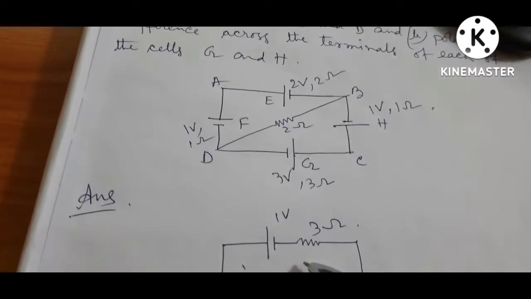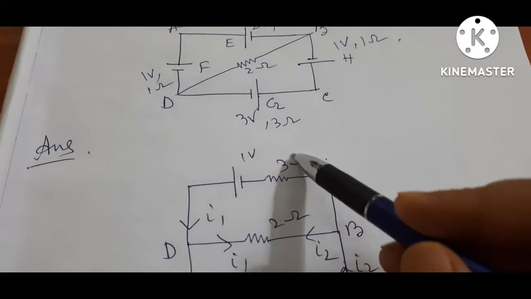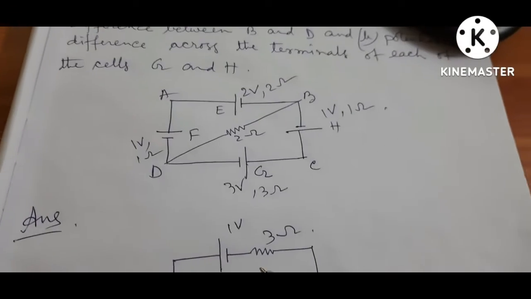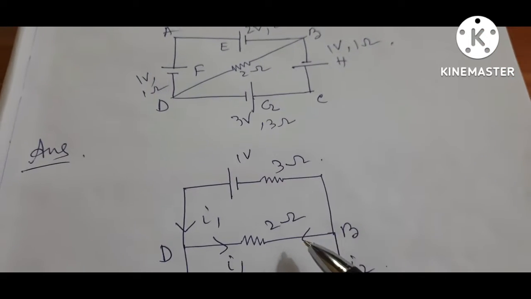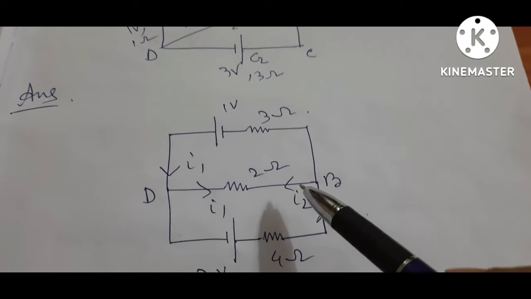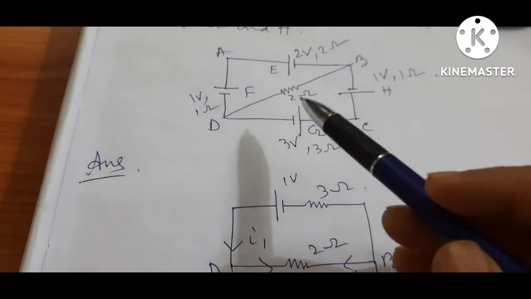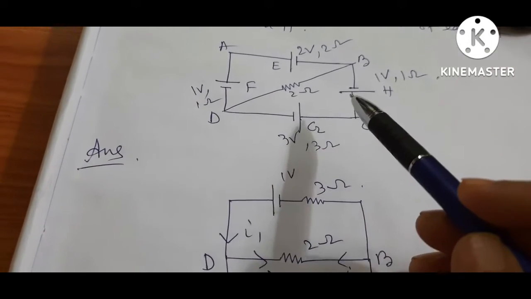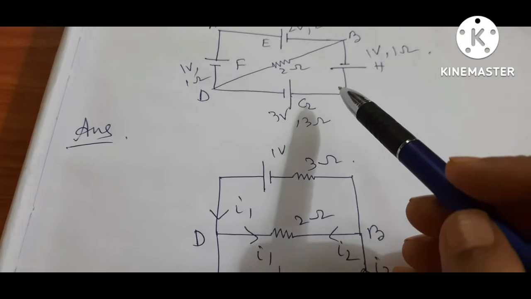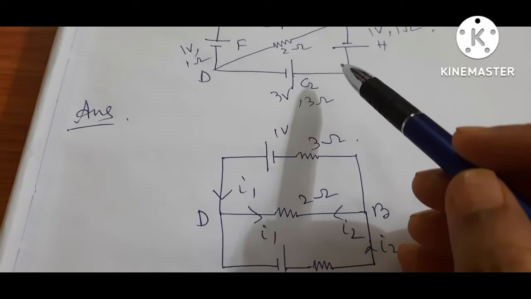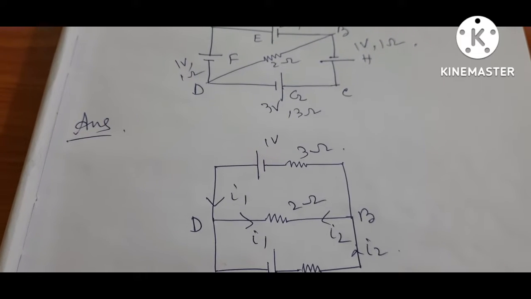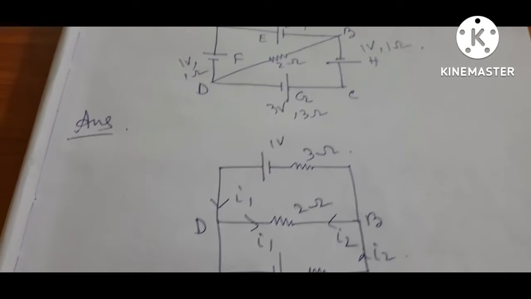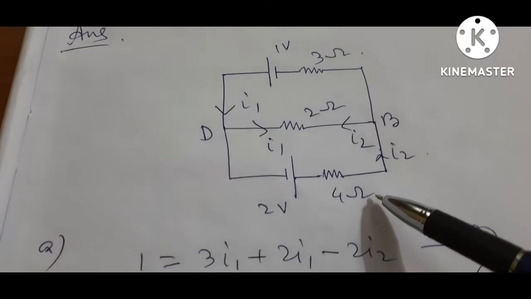So I can write 1 volt, and the total internal resistance 1 plus 2, that is 3 ohm, which is parallel to the 2 ohm resistance. In the second loop also the two cells are oppositely connected, and the effective EMF is equal to 2 volt, and the total internal resistance is 3 plus 1, 4 ohm.